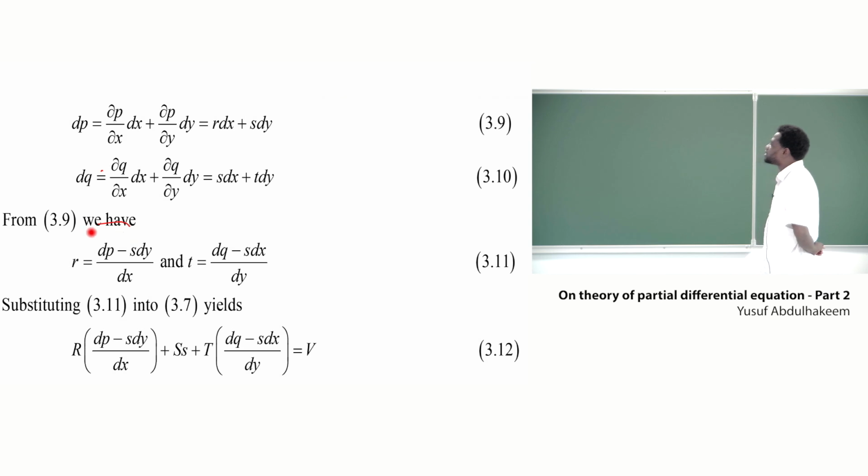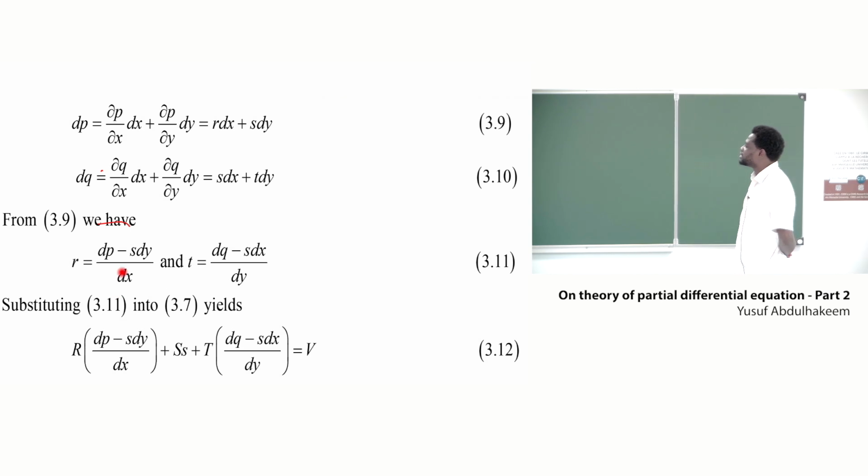So from 3.9, that is from this particular equation, we can resolve that r is equal to dp minus s dy, divided by dx. That is by the time you divide through by dx. And then we have our t to be equal to what we have in here. So if we substitute these items in 3.11 into 3.7, the differential equation will now look like this.